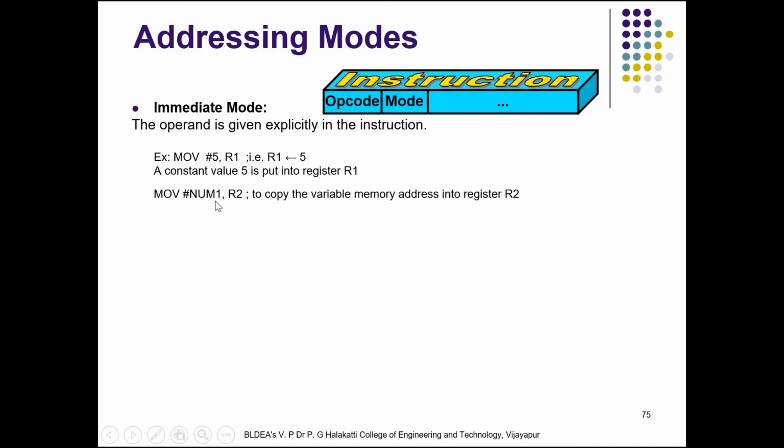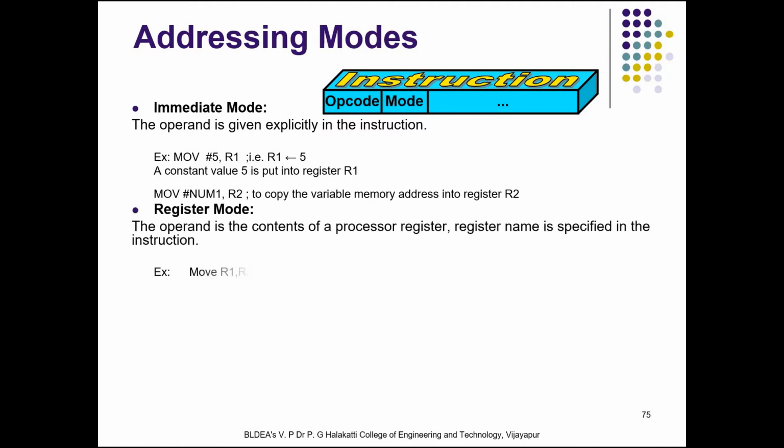So whenever we write hash symbol in front of a variable, it will copy the variable's memory address into the register R2. Remember, it is not going to copy the content of the memory location num1 or the variable, but instead it is going to copy the address into R2.